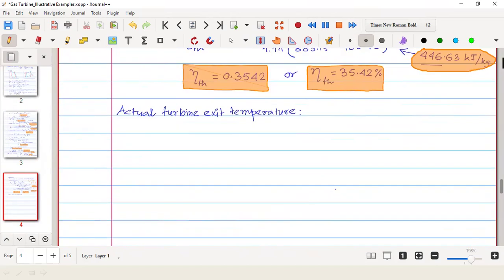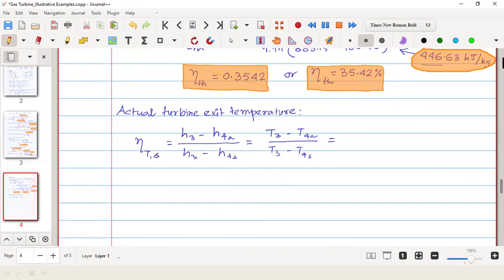So we know that turbine isentropic efficiency is equal to H3 minus H4A divided by H3 minus H4S. Therefore, it is equal to T3 minus T4A divided by T3 minus T4S.